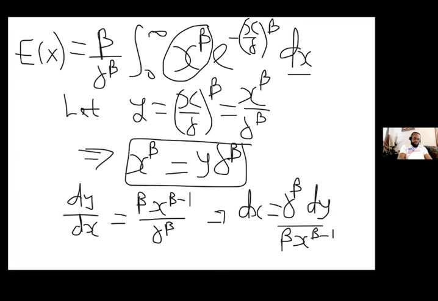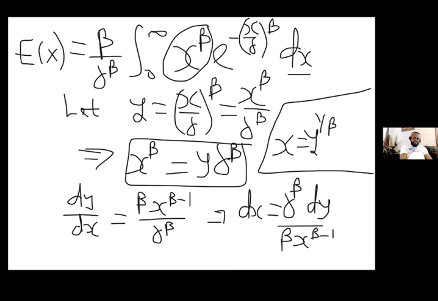Let me just create a space. x is the same thing as theta y raised to the power 1 over beta. If you want to find x, if x raised to the power beta is equal to that, then x is equal to that.